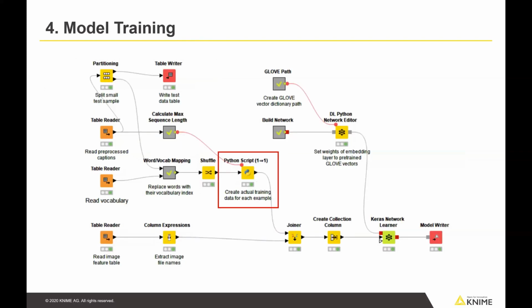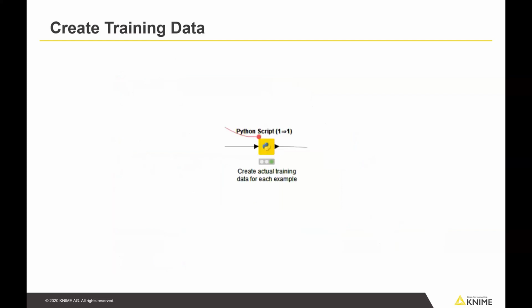The next step is that we still have to create this iterative format of our data, where we have the partial caption and the next token, which we did not do yet. This happens in this Python script. If you look into it, it gets as input some metadata, in this case the maximum sequence length, which corresponds to the largest caption we have. This is used because we also need a fixed input dimensionality for the partial captions.